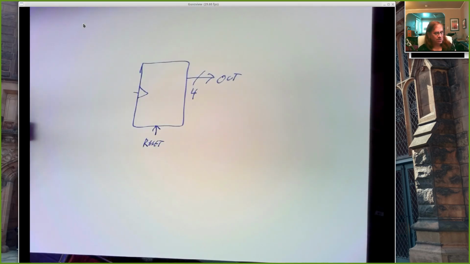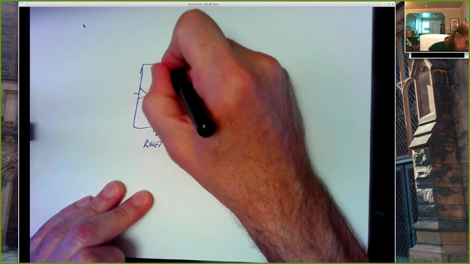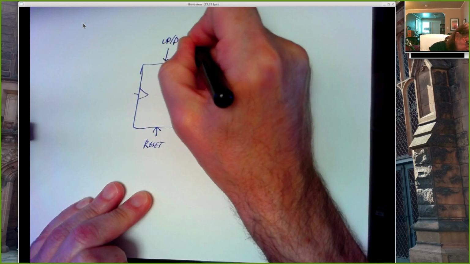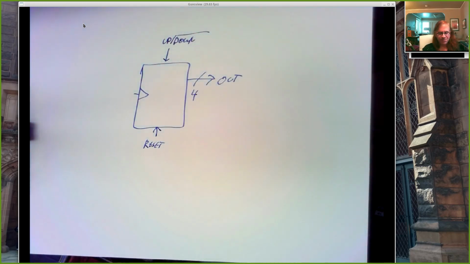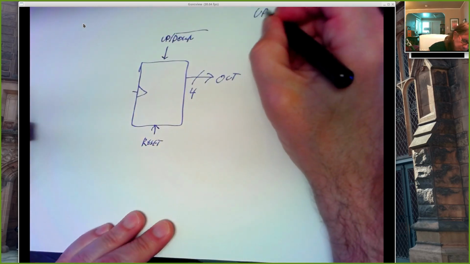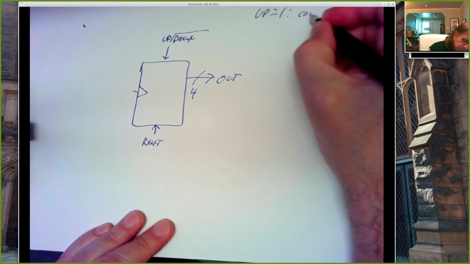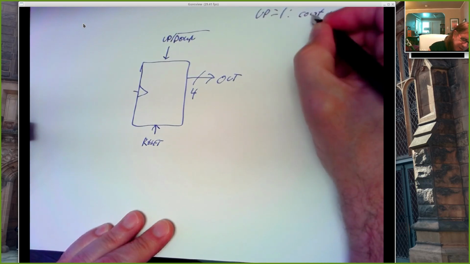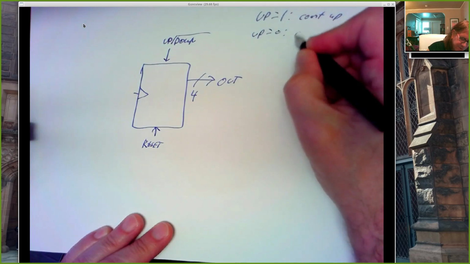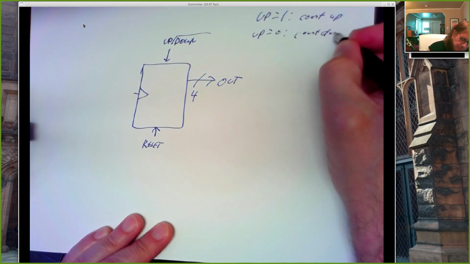So suppose we wanted a circuit that had another input, which lets you specify whether it's going to count up or down. So I'm going to have an input called up. And if that input's equal to 1, it's going to count up. If it's equal to 0, it's going to count down.